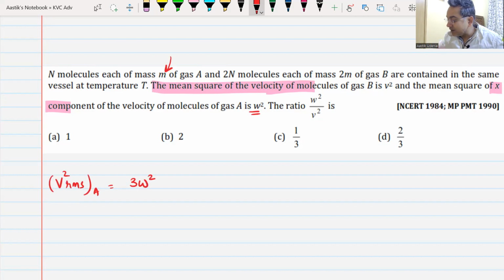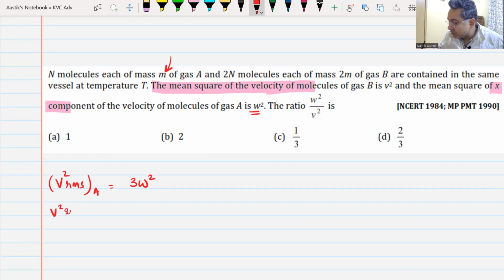Do we understand this? Because the x component is given, and I told you the x, y, and z components of mean square velocity are equal, and that is equal to VRMS square by 3. Yes or no? Yes, sir.